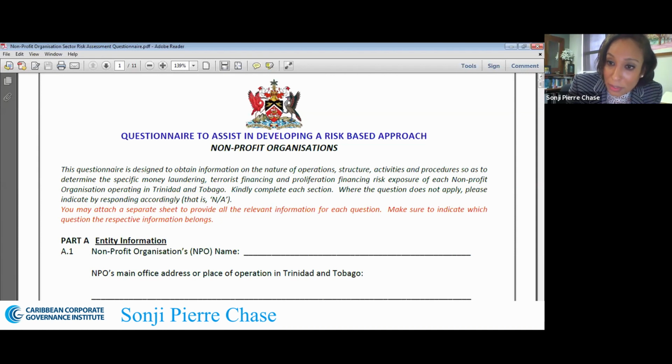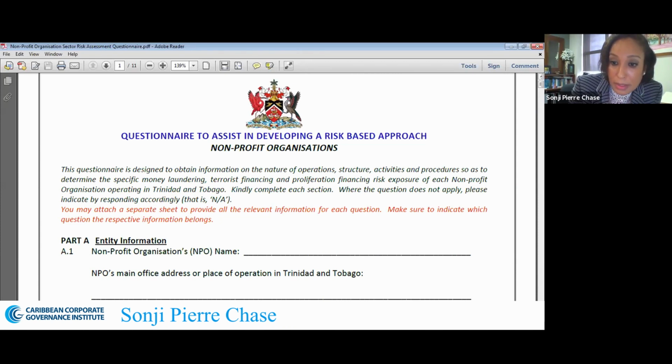So the information on this form will assist the Financial Intelligence Unit to determine your level of exposure to being a conduit. And if they determine that your level of exposure is high, then your level of supervision will be great, because it means that you have to be supervised stringently to ensure that nobody abuses your entity to carry out these ill purposes.